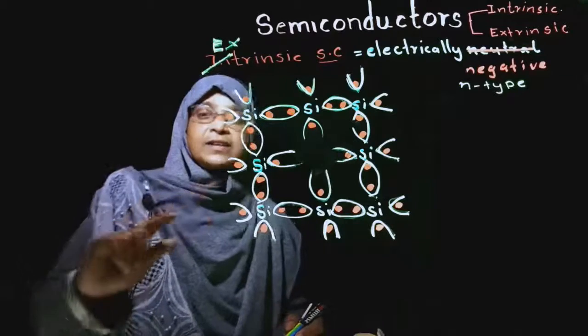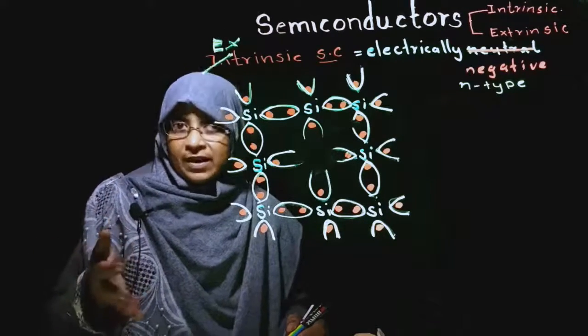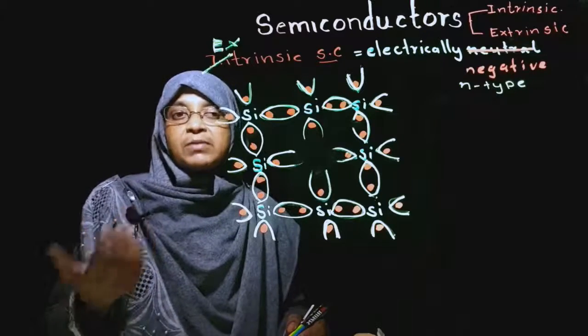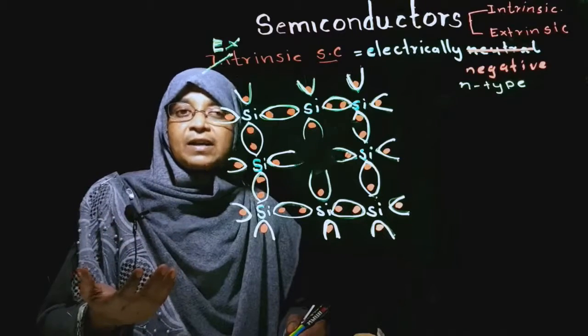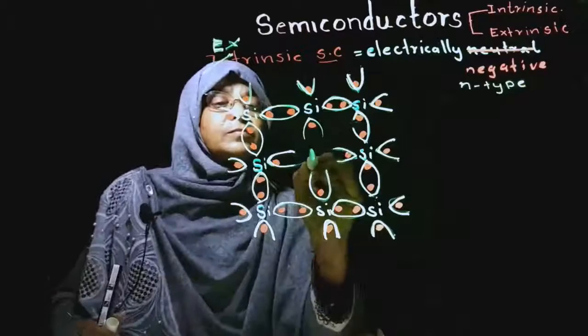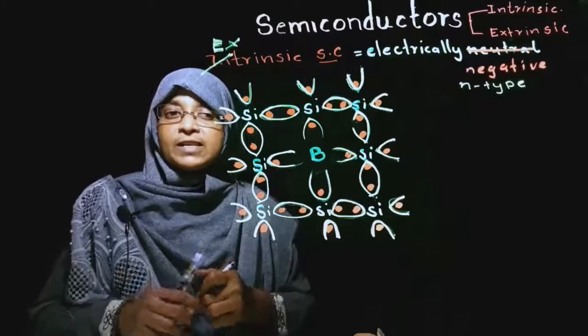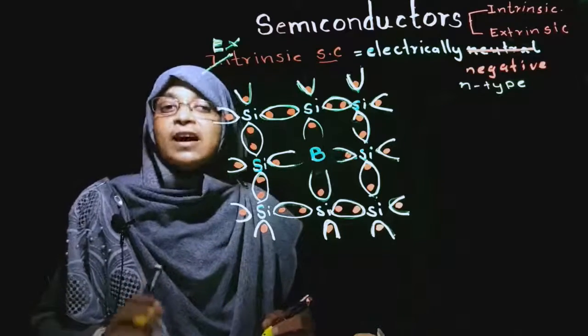Intrinsic semiconductor mixed with a group 3 element. We can use boron, aluminium, germanium or indium to mix with. Now we can see the example when mixing boron, what happened here. We know boron is group 3, so there are 3 electrons in the outermost shell.